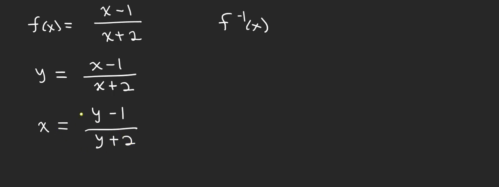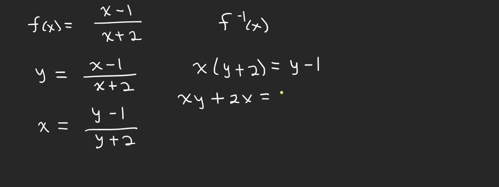And now you need to use algebra 2 to solve for y. So let's cross multiply. You'll get x times y plus 2 equals y minus 1. Let's distribute the x, and let's put all the y terms together. So xy minus y, and put 2x to the other side.